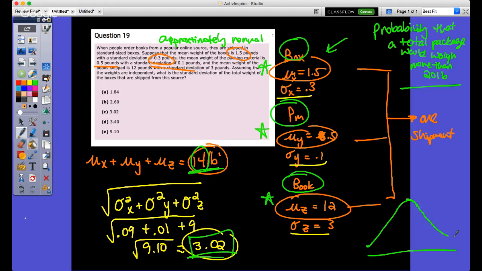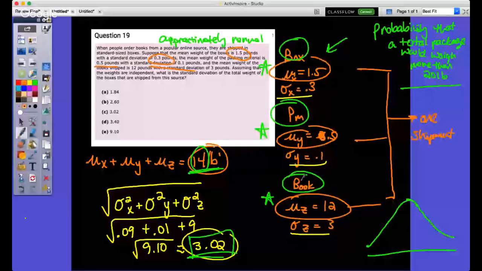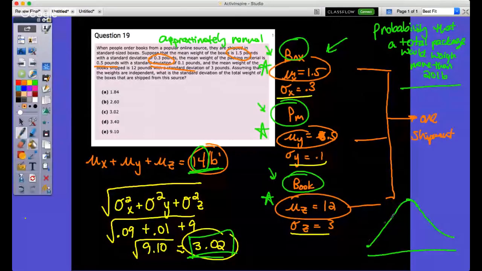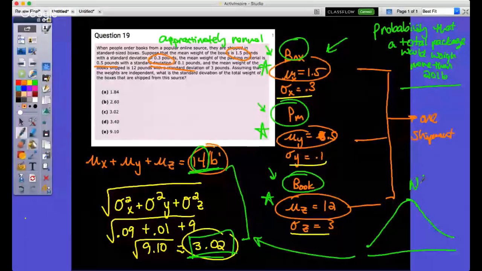If each of these are normal, and in this case we're just assuming that they are, when we combine them we'll have a new combined normal distribution, not from these 3 individually, but from the combined mean and standard deviation, where the mean would be 14 and the standard deviation 3.02. So 14 is our mean, 3.02 is our standard deviation. My highlighted area would be anything at 20, and I'll just put 20 over here, or greater, right?